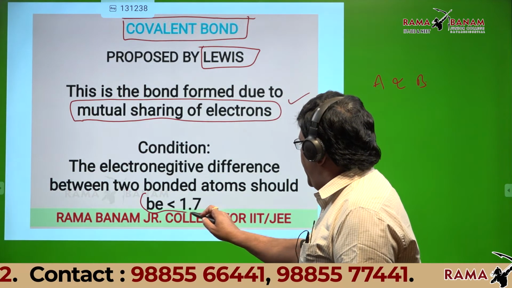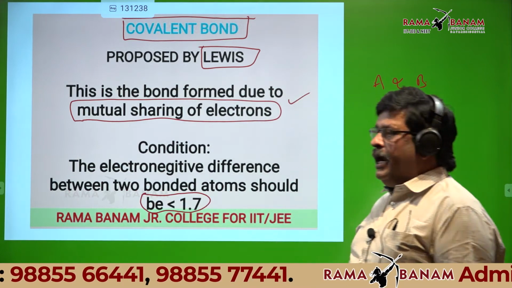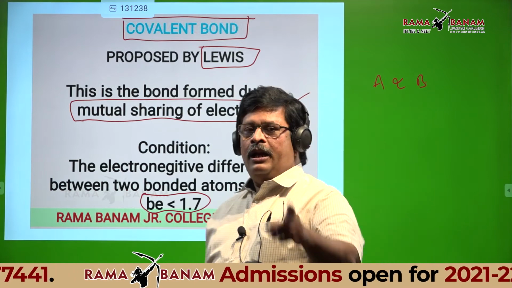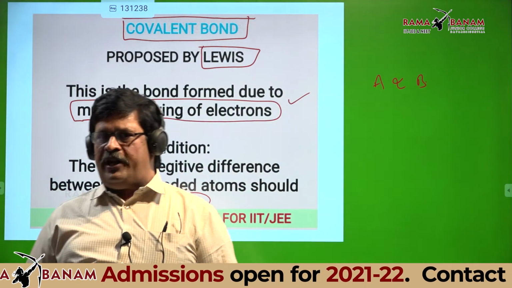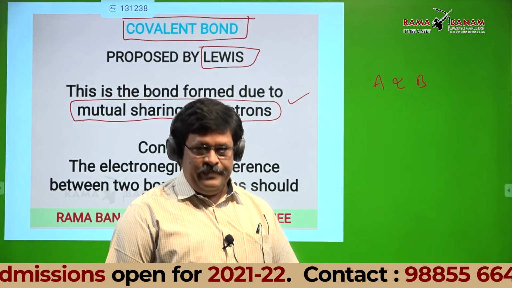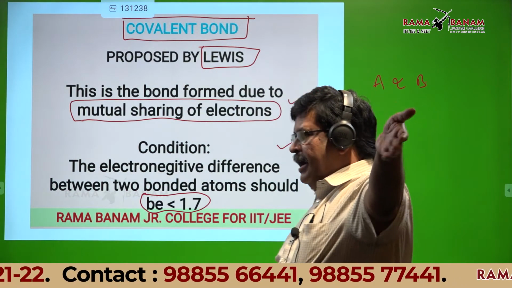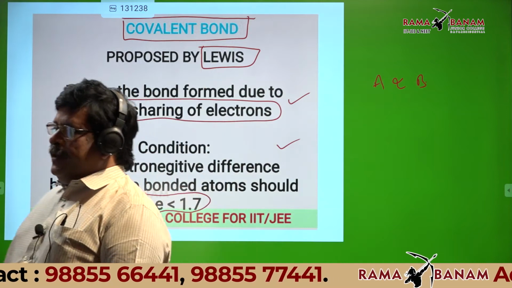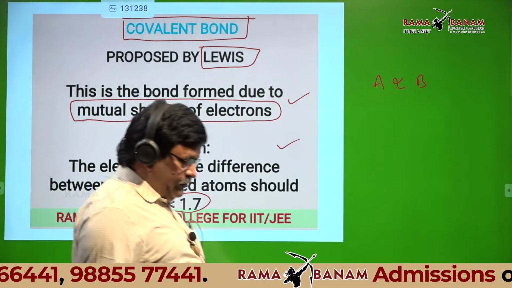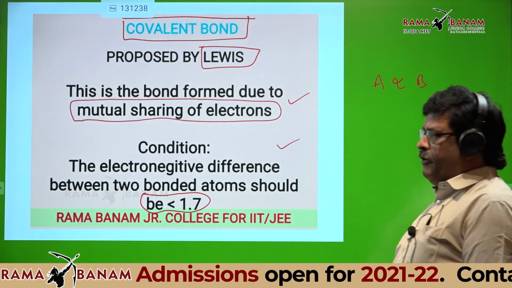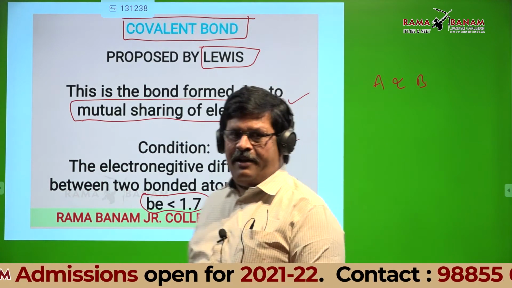See, the condition to form a covalent bond: the electronegativity difference between the two bonded atoms should be less than 1.7. Is it okay? Yes, sir. Right. Write the condition. To form a covalent bond, the electronegativity difference between the two bonded atoms should be less than 1.7.